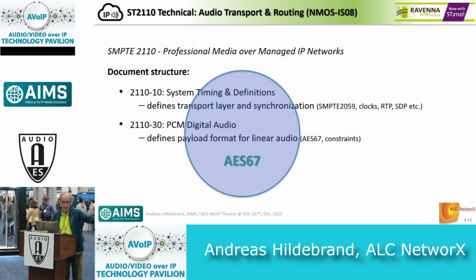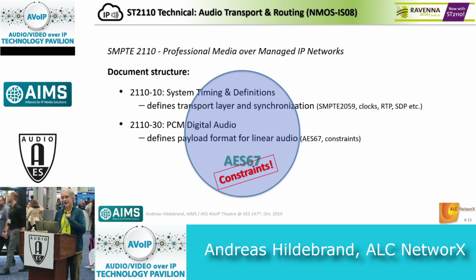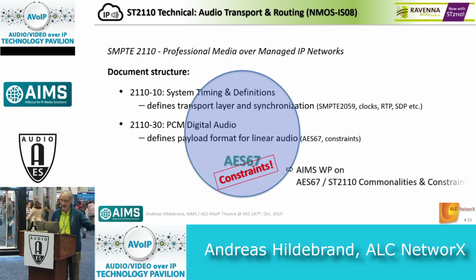We can say everything which is in AES67 is the basis for 2110, right? Not quite. We have some constraints built into 2110 with respect to AES67. Now this is another full presentation going into the details of what the particular constraints are, and since I don't want to do this right now, you can download the white paper on that from the AIMS website.